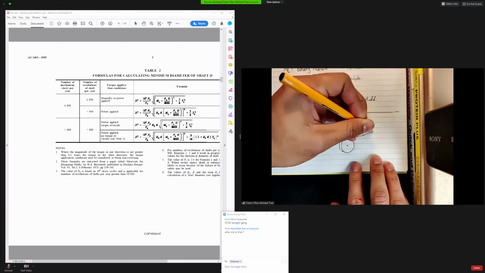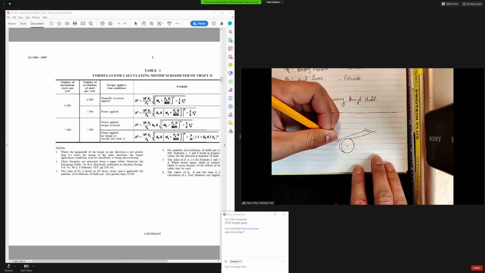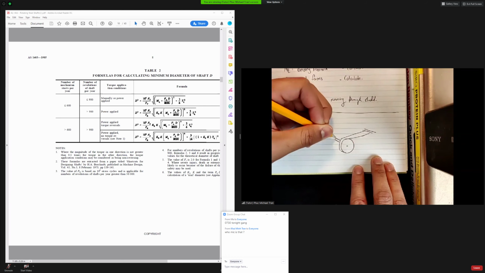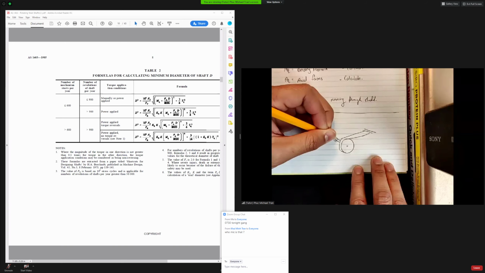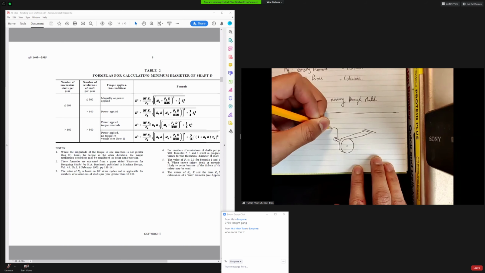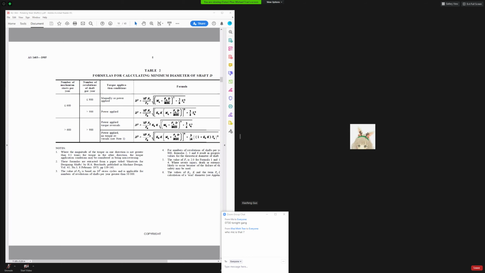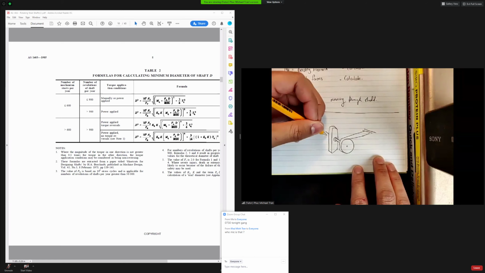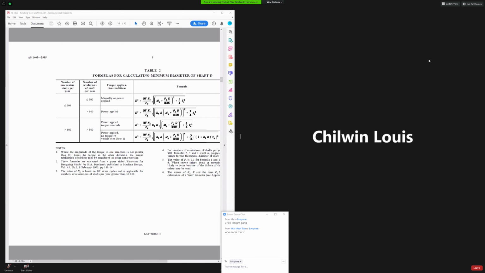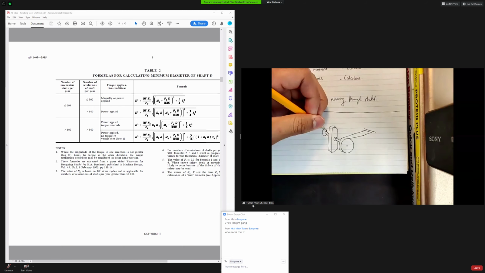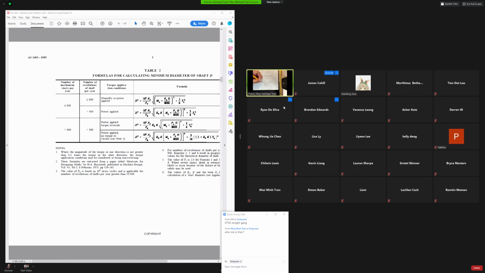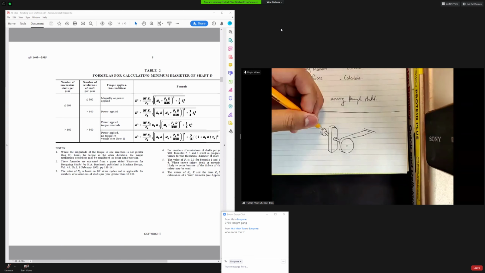Oh, that's horrible. And then that'll be your first bearing. Let's say that's your gear, and this gear attaches to, or mates with, the motor's gear.